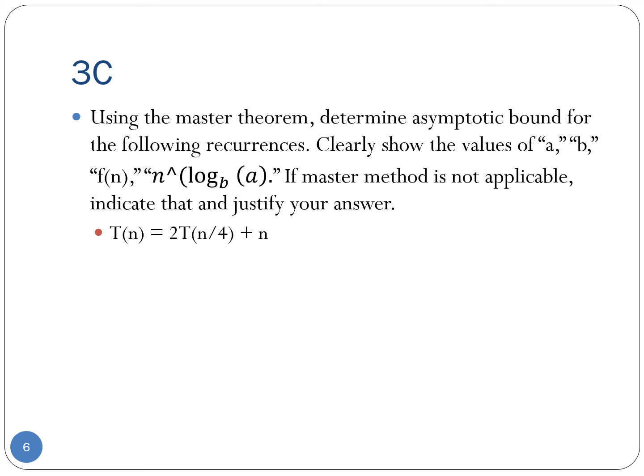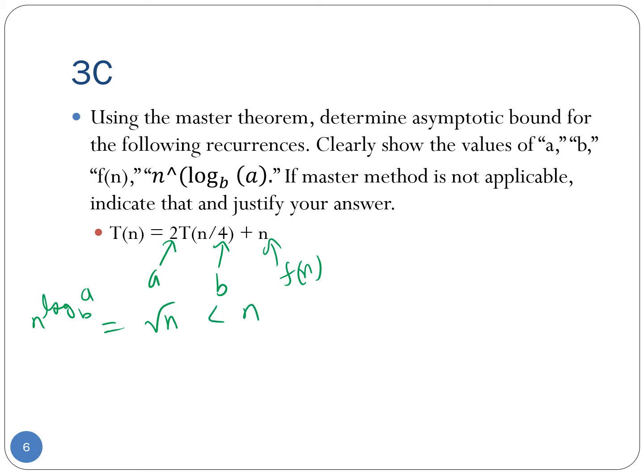Moving on to part C, here a is 2, again b is 4, f of n is n in this case, so n to the power log base b of a is given by again square root n. Now comparing these two functions, clearly this function f of n, n, grows faster than square root n, right?